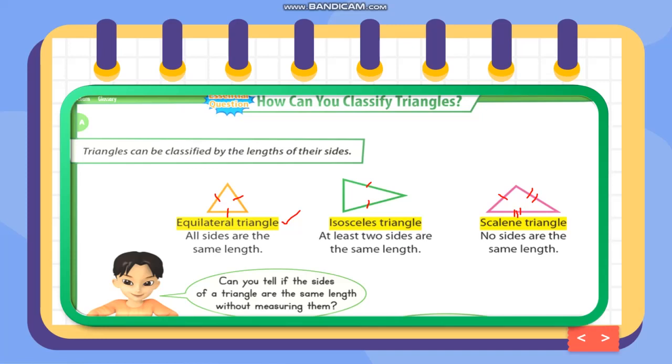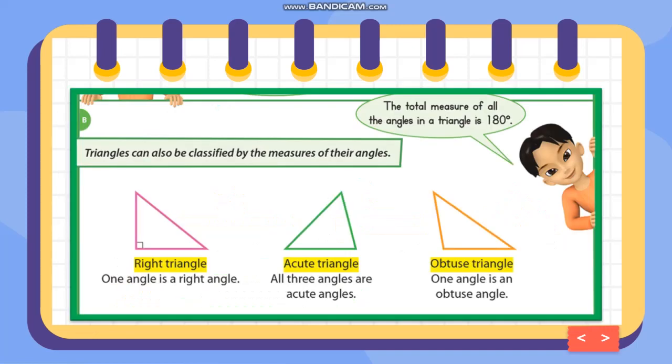triangle. Now, how do we classify triangles according to their angles? Always remember that the total measure of all the angles, we have three angles in each triangle, so when you add all the angles, the total is always 180 degrees. When we say right triangle, always remember that there is one right angle, and one right angle measures 90 degrees.